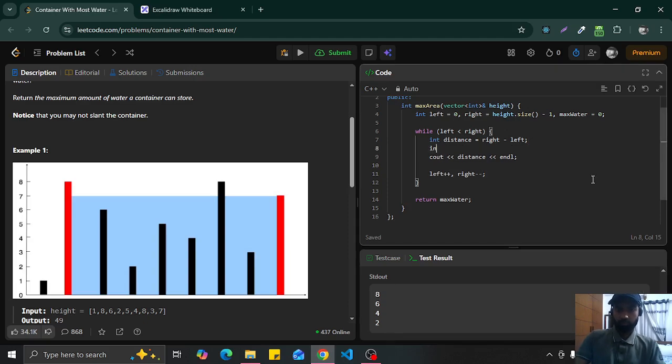So min height is going to be minimum of height of left and height of right. So let's see if we are getting the min height properly.